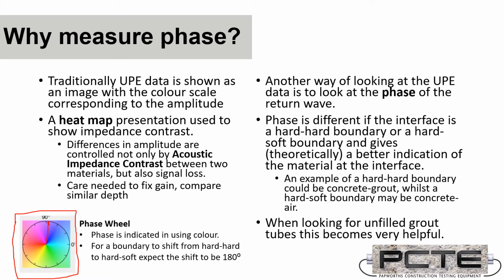Also, the particular presentation of phase wheel that I'm using here goes from 0 to 180 in a positive direction and 0 to 180 in a negative direction, depending upon if it's going counterclockwise or clockwise. So we don't go all the way through to 360. We look at the phase shift in terms of how much out towards the 180 mark.